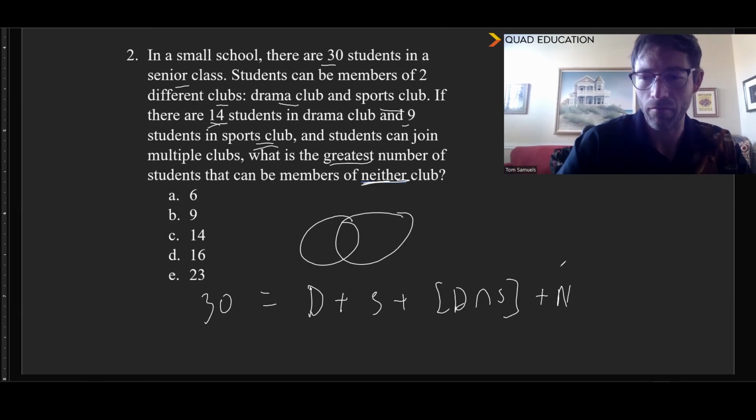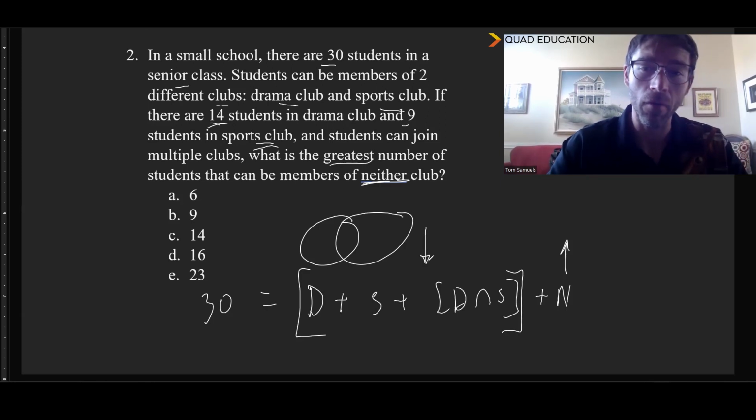If we want to maximize the neither, we need to minimize those that are in the club. So what we can do here is decide that, well, they don't tell me, but let's say that everybody who's in drama club is also in sports club.